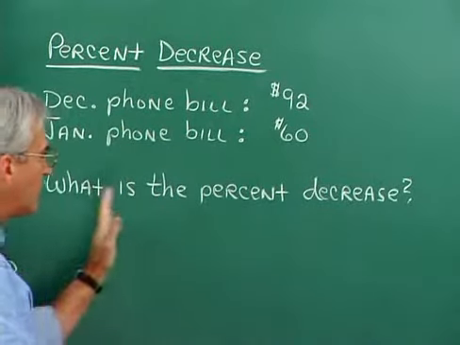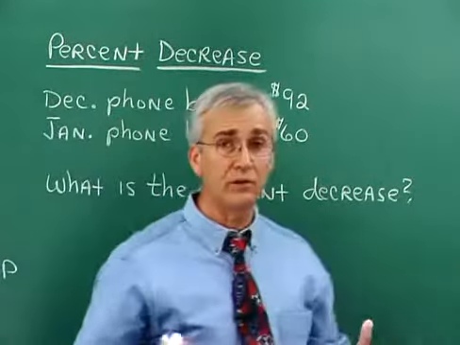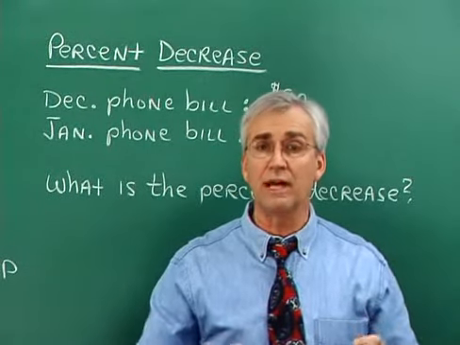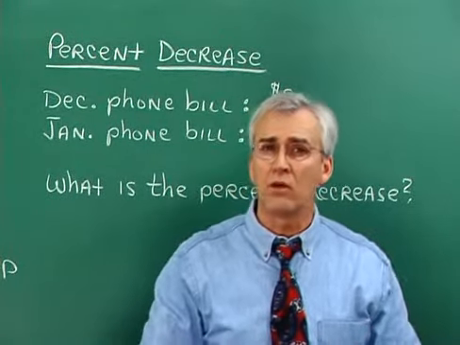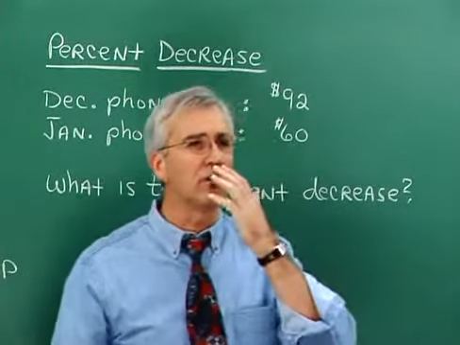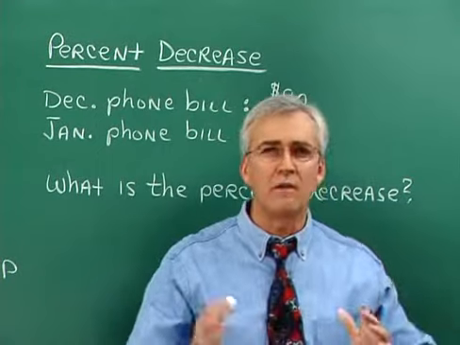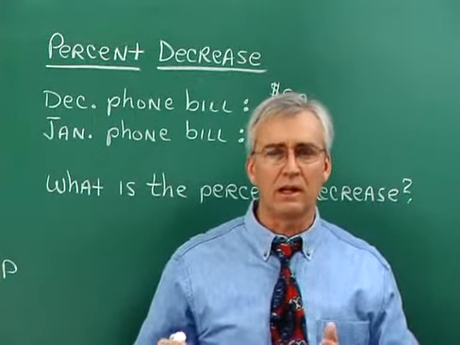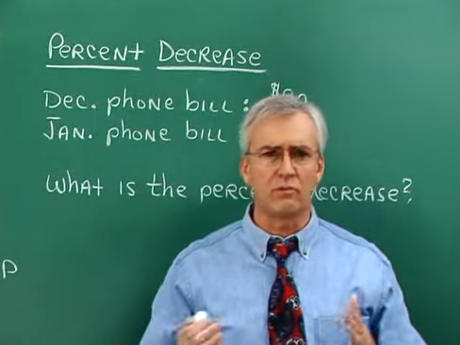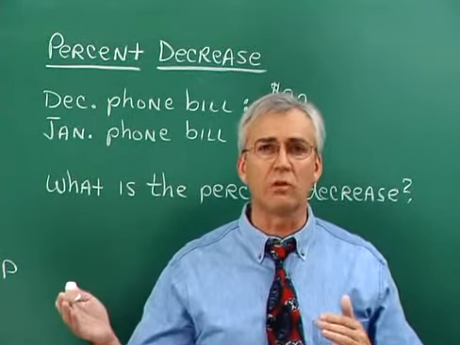Now, percent decrease is related to percent increase in that we can go back to our basic percent equation in order to understand what this is all about. Now, remember, there was a percent times some original that gave some amount. Percent times original, percent times base, remember, was equal to amount.